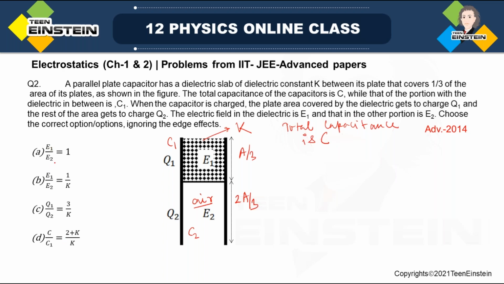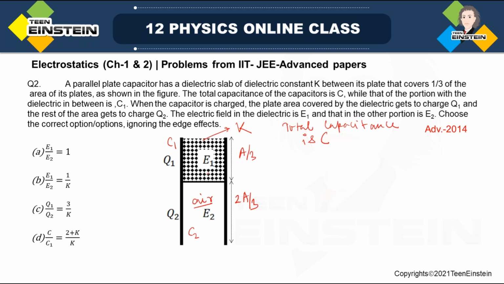Whether E1 by E2 is 1, E1 by E2 is 1 by K, Q1 by Q2 is 3 by K, C by C1 is, C means total capacitance and C1 is the capacitance of the portion which has the dielectric slab, that ratio is 2 plus K by K. So we have to find out the answer for this.